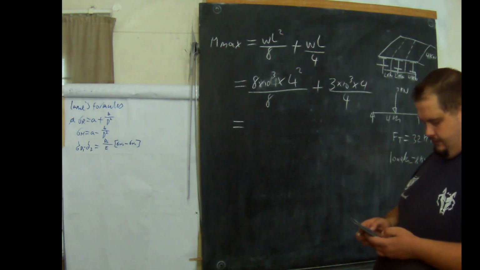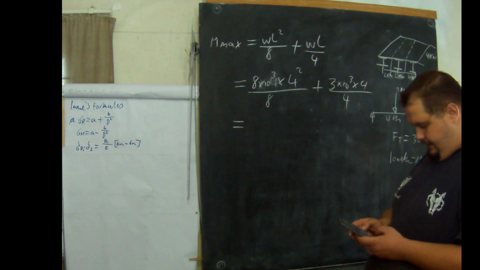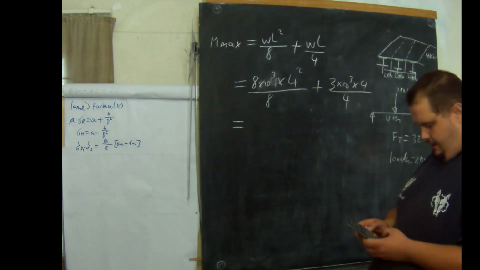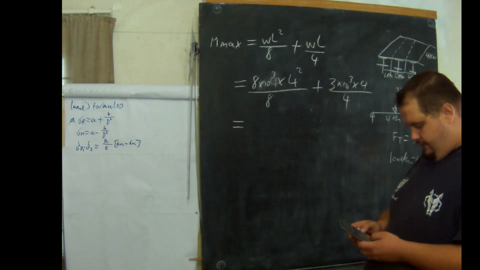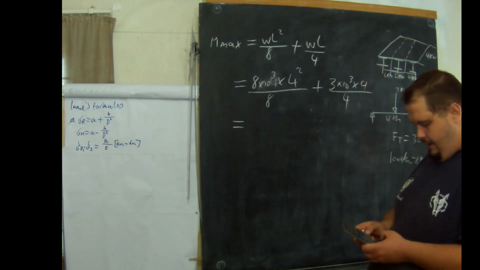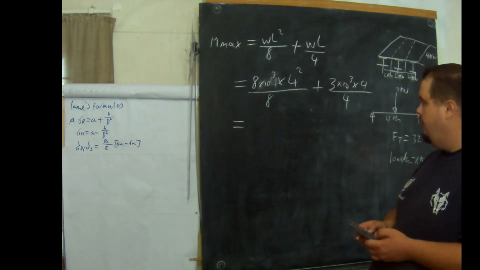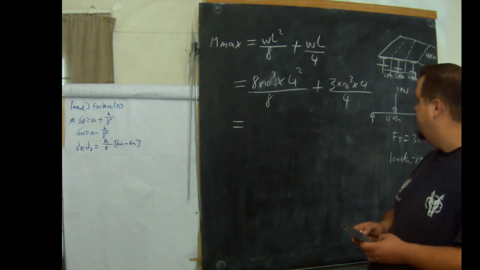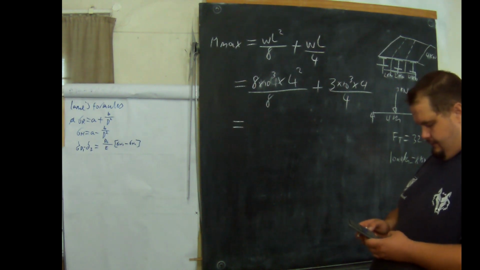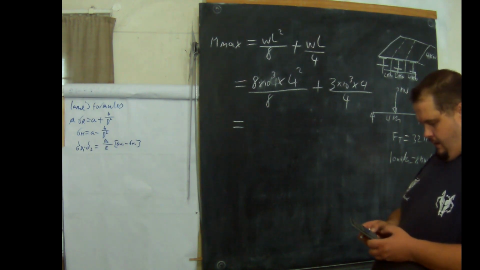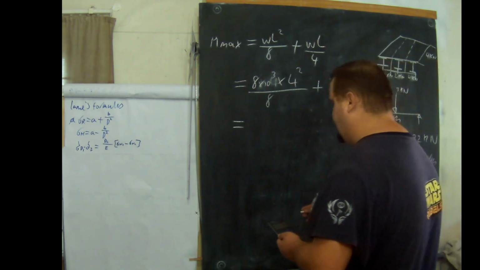We get 8 times 10 to the 3 times 4 squared all over 8, plus 3 times 10 to the 3 times 4 over 4, and we have exactly 19,000.